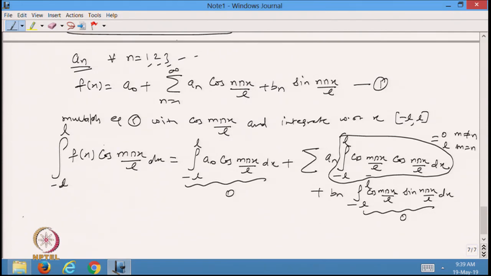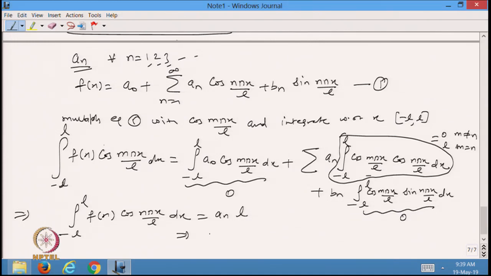So from here I can write the integral from -L to L of f(x) cos(nπx/L) dx, because now I am considering m equal to n. Instead of m I am putting n, and everything else will be 0. When m is equal to n, I am left with only the coefficient an, so it will be an times L, and other things will be 0.